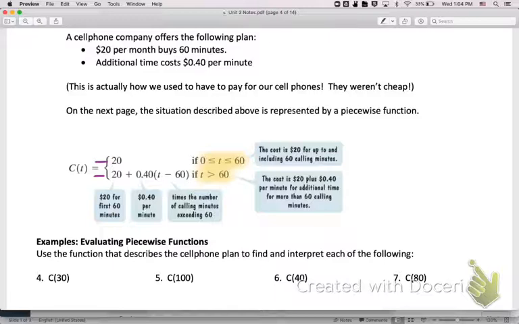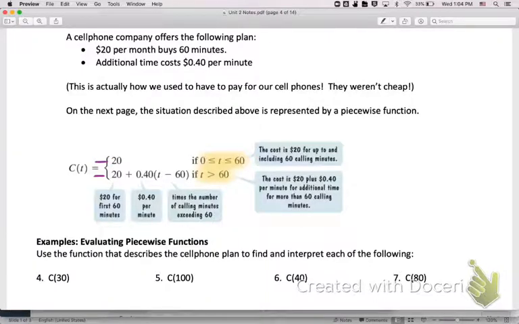The first rule, C of t equals 20, applies for t values that are greater than or equal to 0, but less than or equal to 60. The second function, C of t equals 20 plus 0.4 times t minus 60, only applies for t values that are greater than 60.